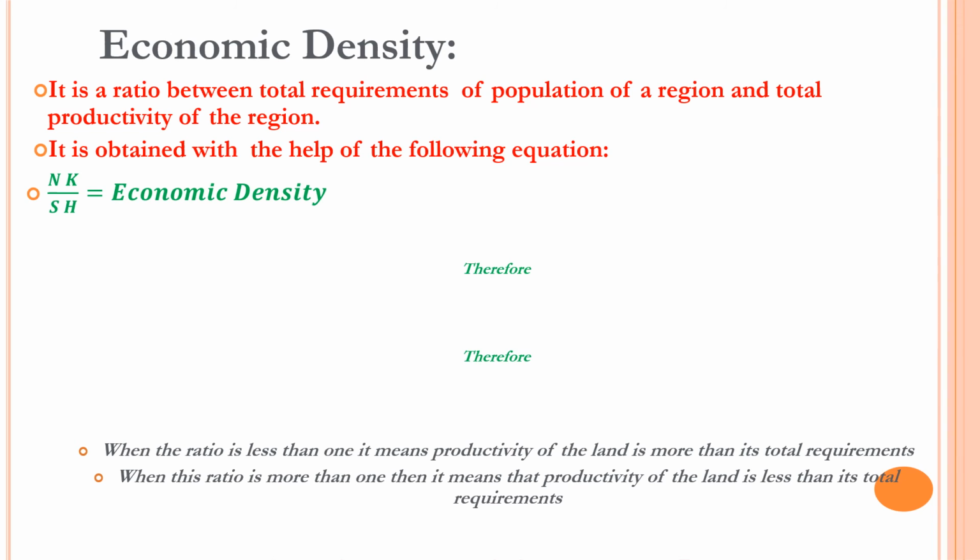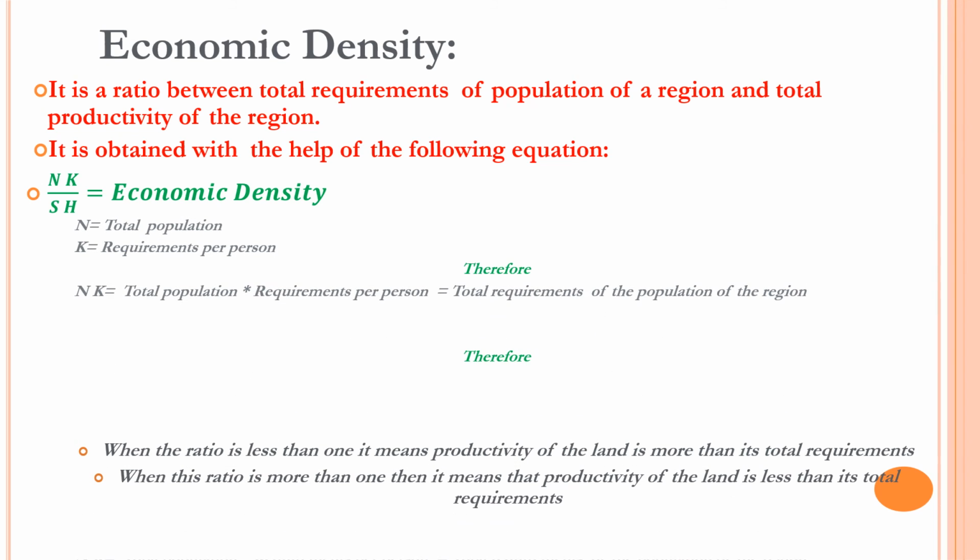N is the total population, K is the requirement per person, S is the total area, and H is the productivity per square kilometer of area. So SH is the total productivity, and NK is the total requirement of the population of the region.